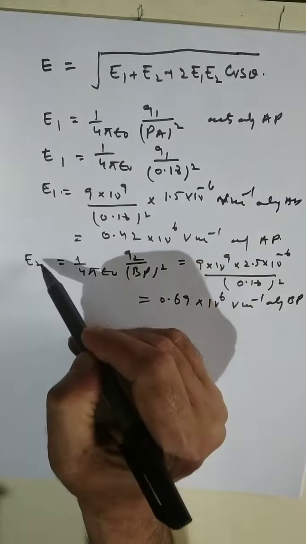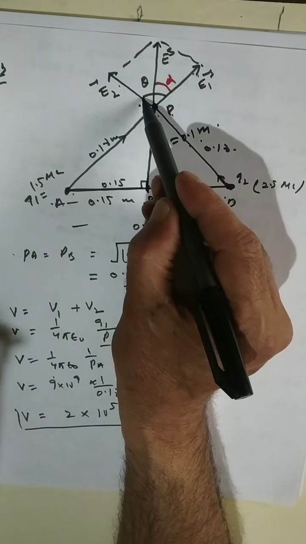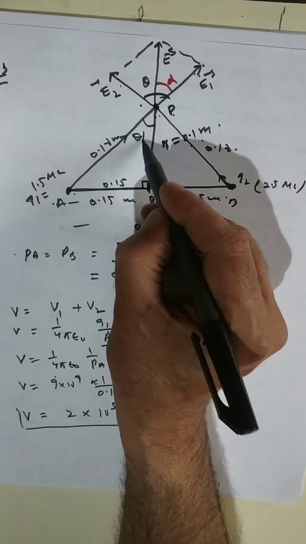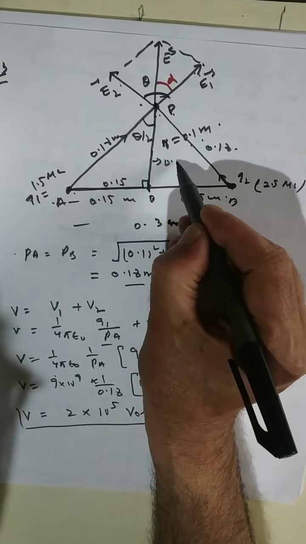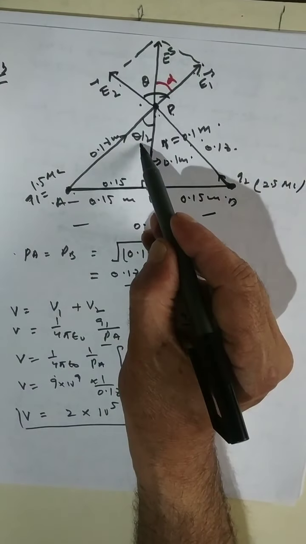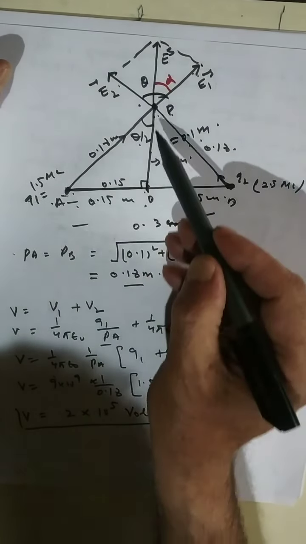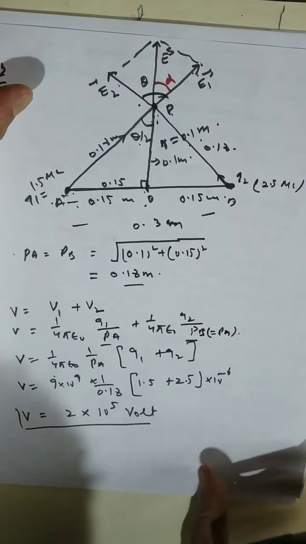E1 भी हमने देख लिया, E2 भी देख लिया, अब बचा हमारा cos थीटा. Now cos थीटा कैसे करेंगे हम? देखिए यहाँ पर, ये थीटा सारा एंगल है, चूंकि ये बाइसेक्टर है इसका, it means this is theta by 2. Now this side भी हमें पता है, that is 0.1 meter, so we can calculate cos theta. So from this triangle AOP, perpendicular base BOP divided by AP is equal to cos theta by 2.